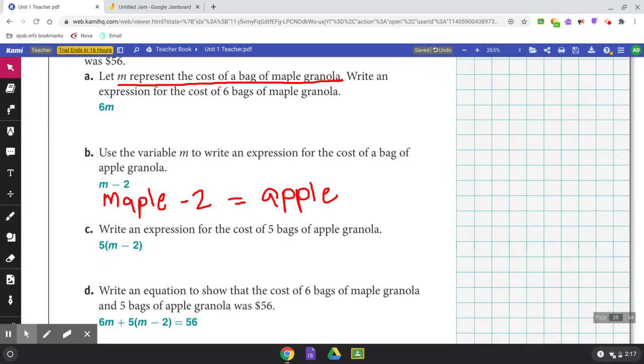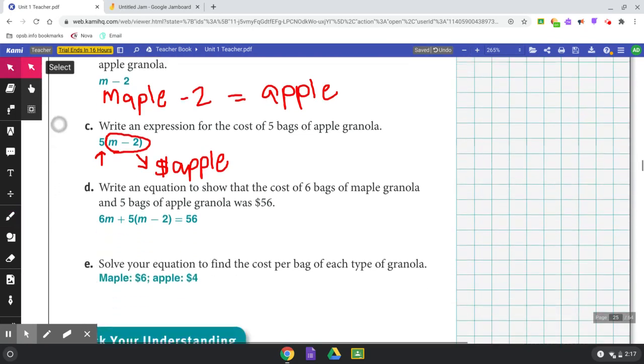Now C, write an expression for the cost of 5 bags of apple granola. Well, if apple granola is M minus 2, then 5 times M minus 2. M minus 2 represents the cost of apple. That would be the expression to represent the cost of 5 bags, 5 times M minus 2.